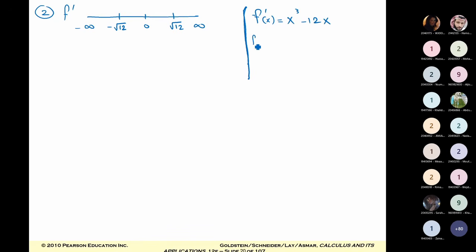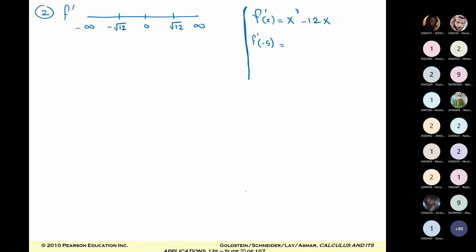So f prime at negative 4, here negative 4. We can choose here, for example, negative 1. From here 1. From here 4. Okay, like this. Or 5. We can choose 5 also.